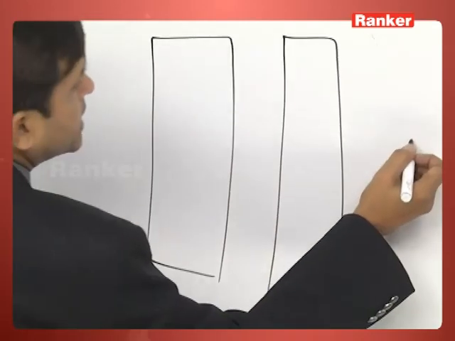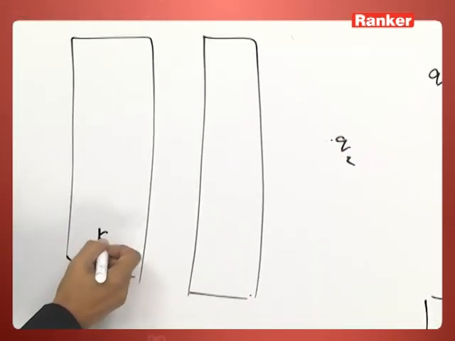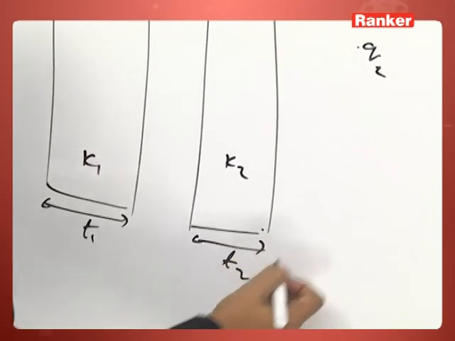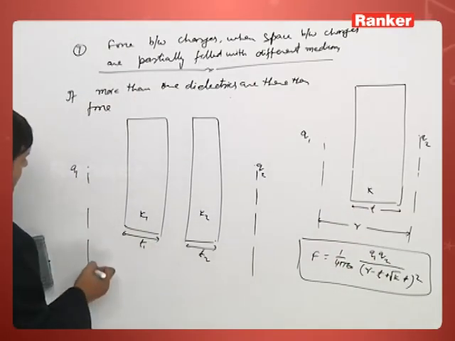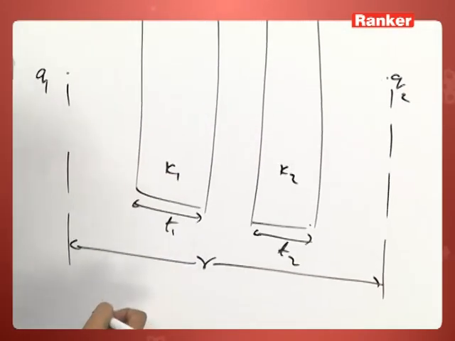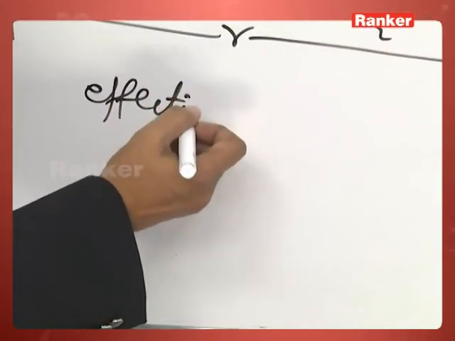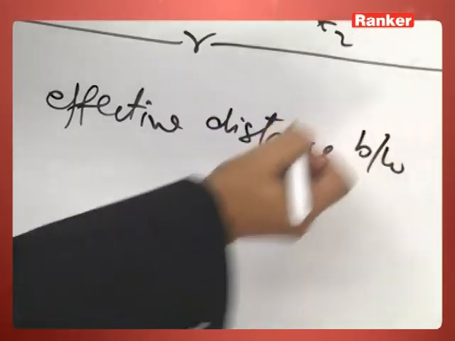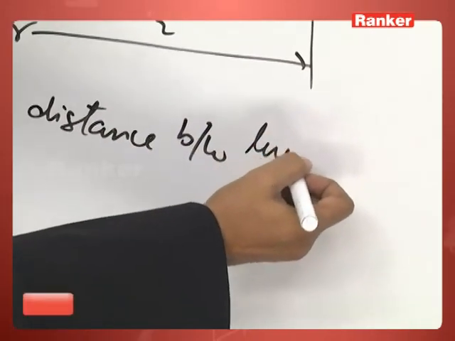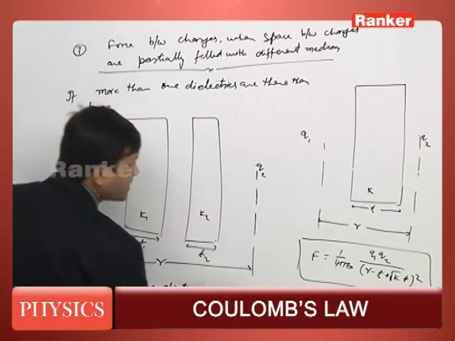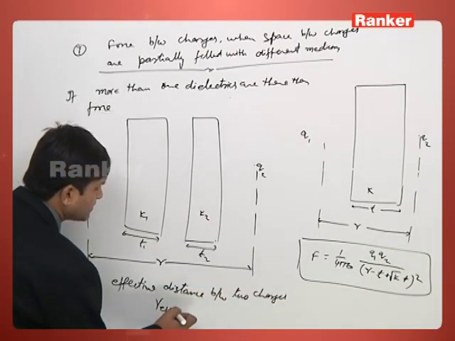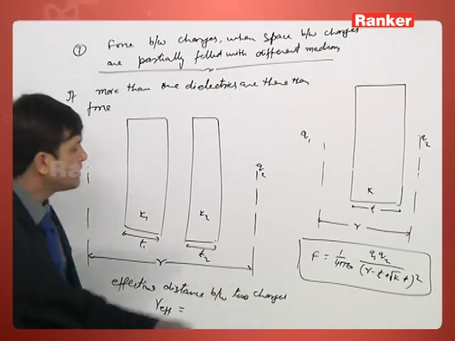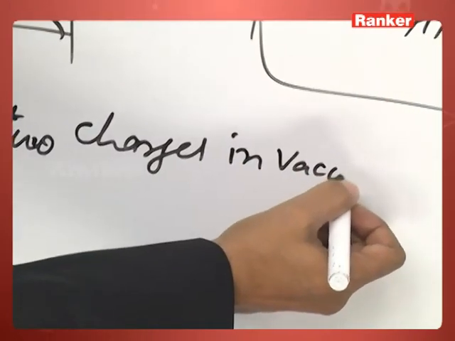Let these be the two charges Q1 and Q2, and these dielectrics have dielectric constants K1, K2, and the thickness of this is T1 and this is T2, and the distance between the two charges is R. So first we can say effective distance between two charges, R effective. We are converting in terms of vacuum.